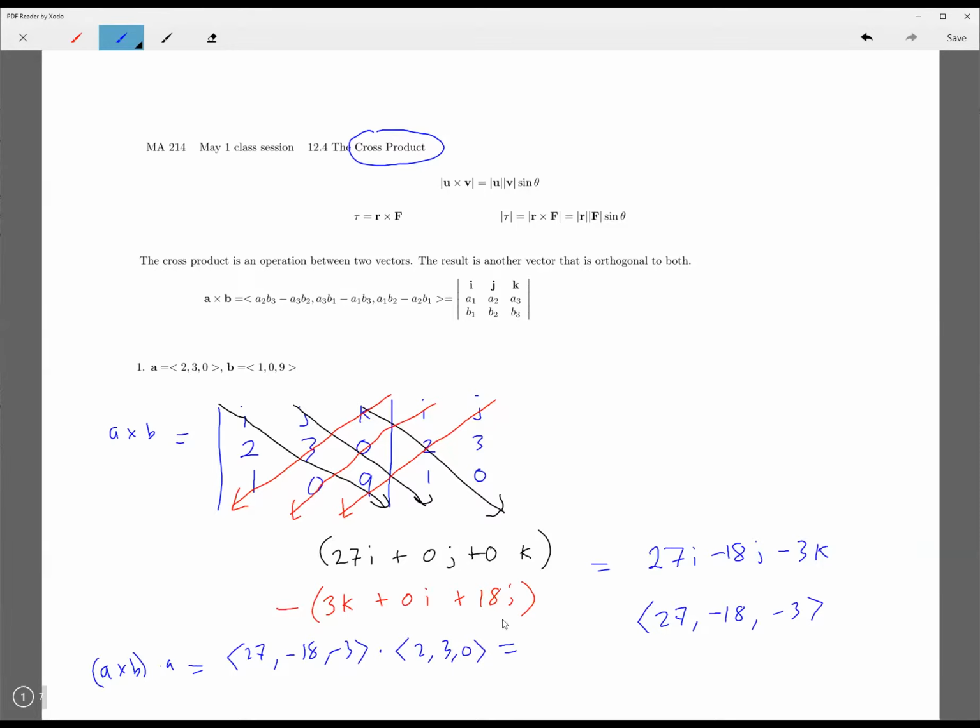Then you get 27 times 2, that's 54, and then negative 18 times 3, that's negative 54, and then you have a 0 for the last one. So that turns out to be 0. Then if you take A cross B dot product with B, let's just eyeball it. 1 times 27 is 27, the second term is 0, so 27 plus 0, and then 9 times negative 3 is minus 27. So that's 27 minus 27, which is also 0. So it's orthogonal to both of these vectors.